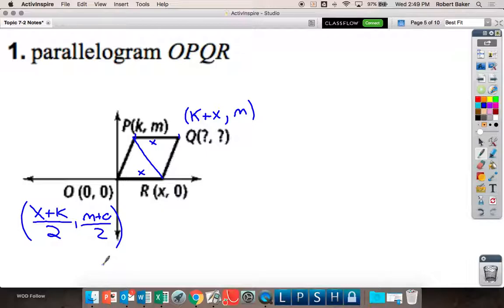I gave that to you in your notes yesterday. It said the midpoint formula. If I was going to find the midpoint of Q and O, x1 plus x2, y1 plus y2. Do they have the same midpoints?